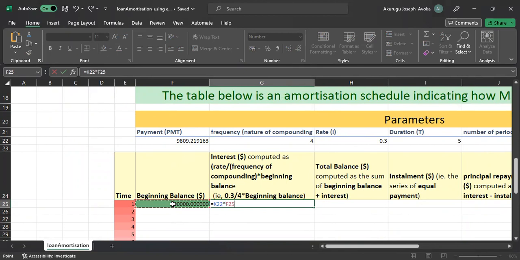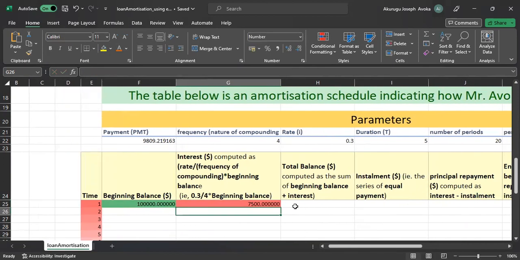But since that rate is going to be multiplying each of the balances in the subsequent periods, we lock that value using absolute referencing in Excel, so that when we do it in subsequent cells, it can pick the 0.075 and multiply by the corresponding balances for that particular year. You hit enter, then you get this value.